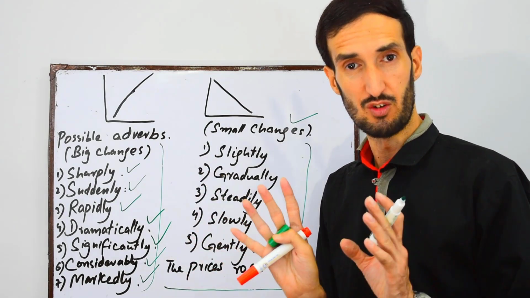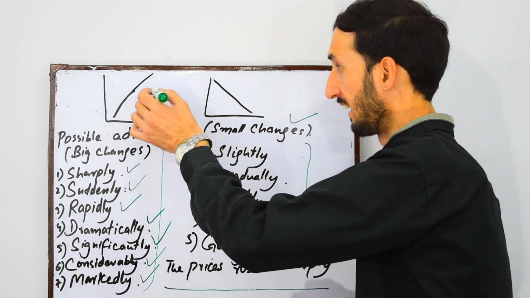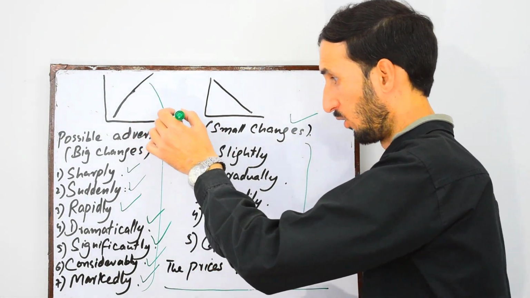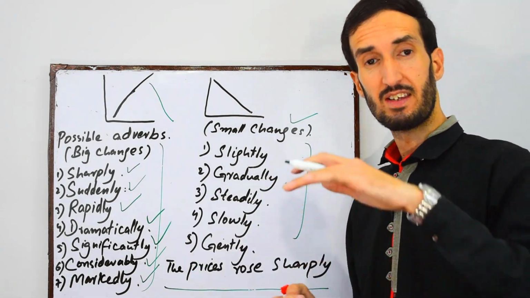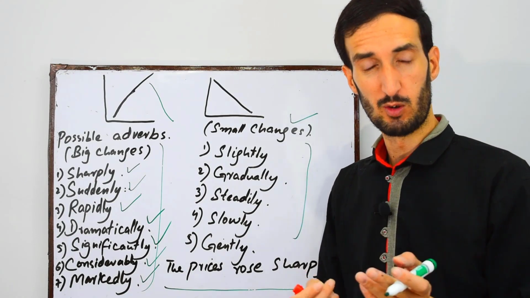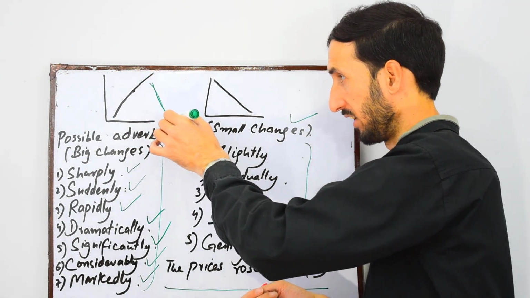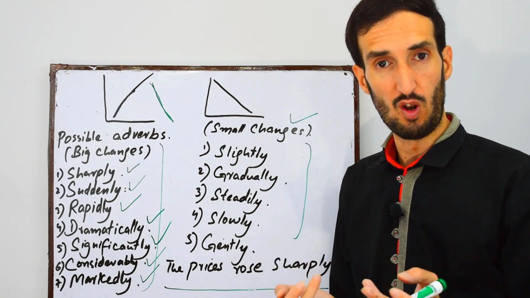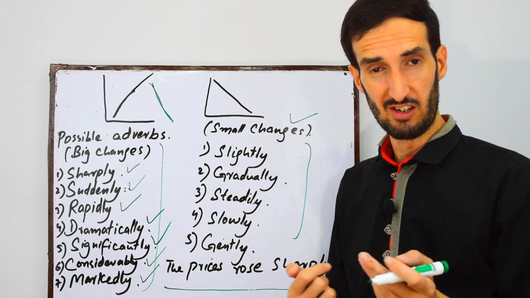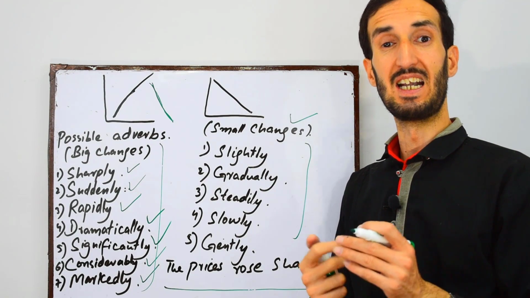Must learn these words. Or if the line goes down but very quickly, then you can use the prices. I've told you the words a short time ago. When the line goes down or it comes down, we can use the word fall, we can use the word decrease, or we can use the word decline.